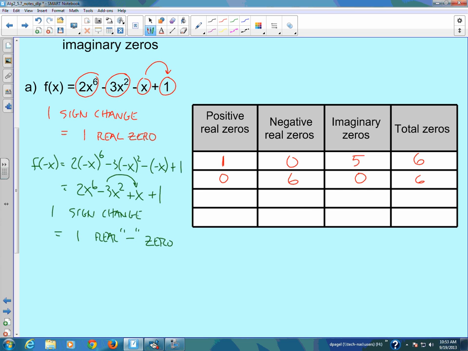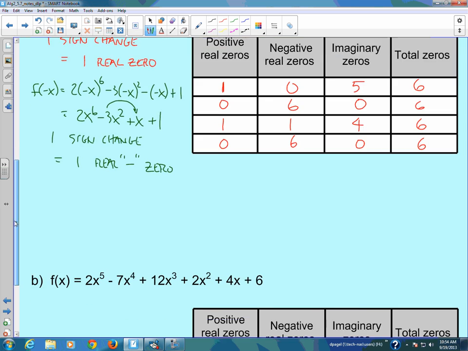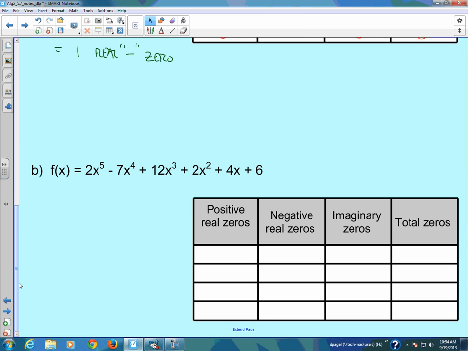Or you could have 1 positive, 1 negative, 4 imaginaries left over. Or what about no reals and 6 negatives? But there's some possibilities of the number of positive and negative zeros you could have and their respective imaginaries. That's Descartes' rule, real quick. FYI, a way of looking at positive and negative zeros.